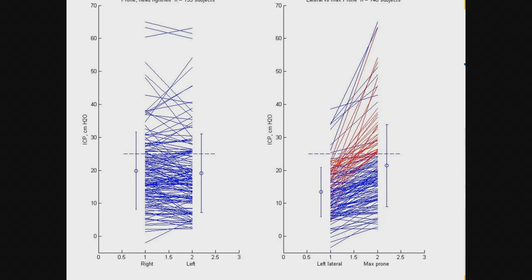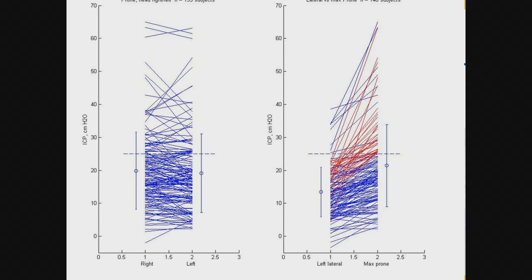In fact, about 1/3 to half the patients, the pressures cross the threshold of 25 centimeters. And that's why we don't like measuring pressures prone in radiology. We like to roll them over to their left lateral decubitus position and then check an accurate opening pressure.